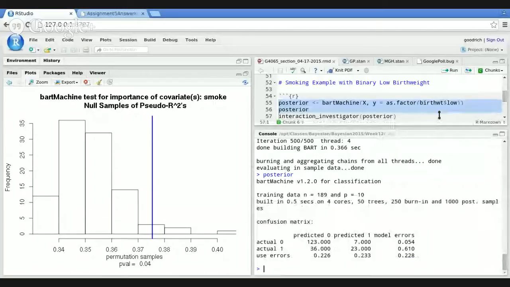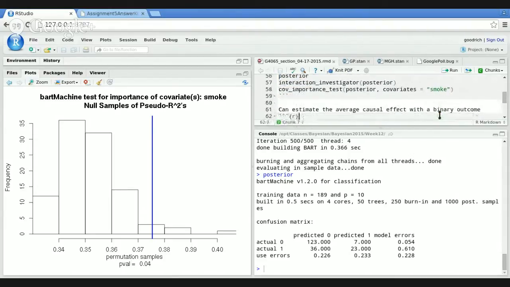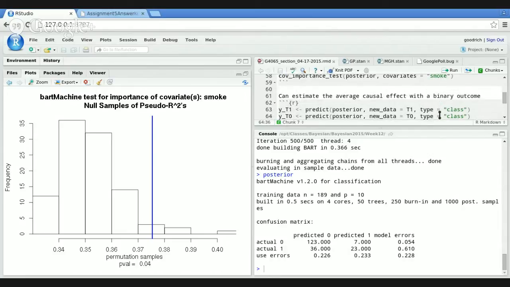Again, it runs pretty quickly and outputs something known as the confusion matrix, which is basically a crosstab telling you how many times it predicted the baby would not have low birth weight, how many times it predicted the baby would have low birth weight, contrasted with the actual observed outcomes. Again, you can do the interaction investigator and the covariate importance test, but we won't go through that.